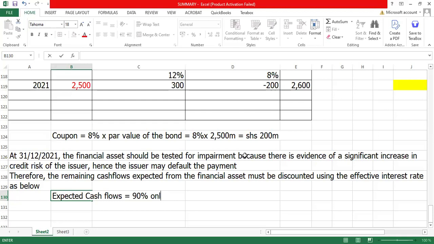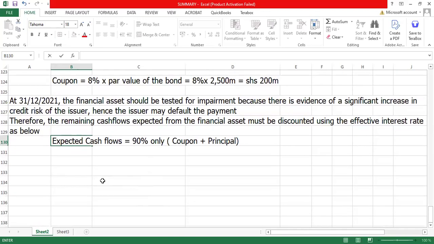Now the 90% here is the coupon plus the principal. This is what you can recover: the coupon, or the interest cash inflow remaining to receive, plus your principal money.